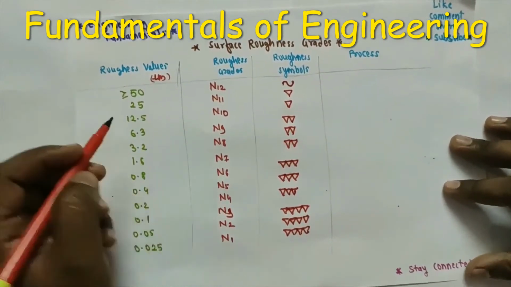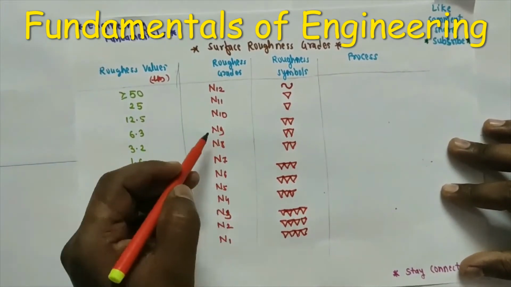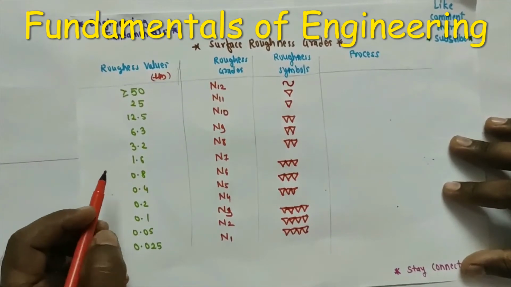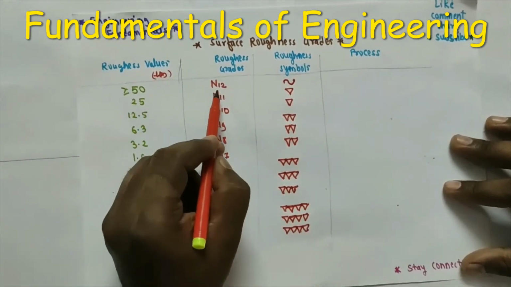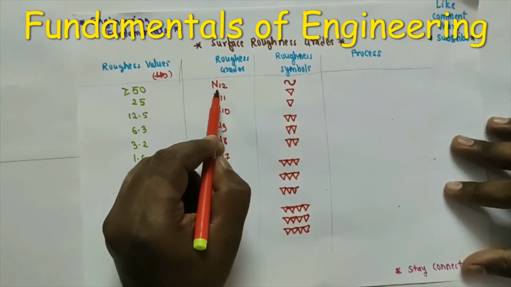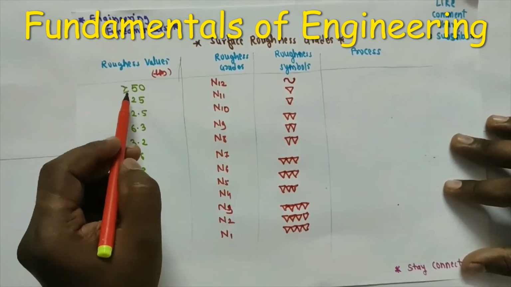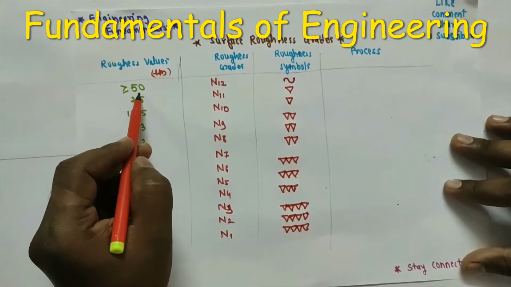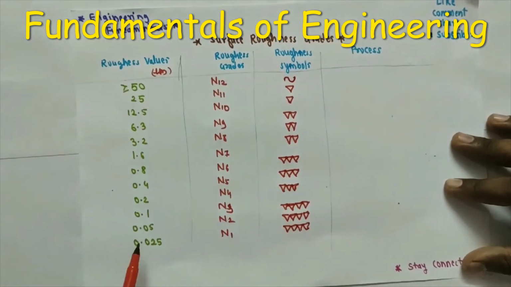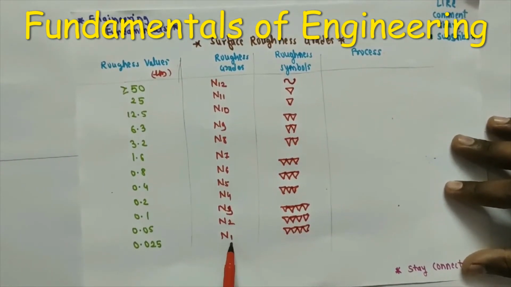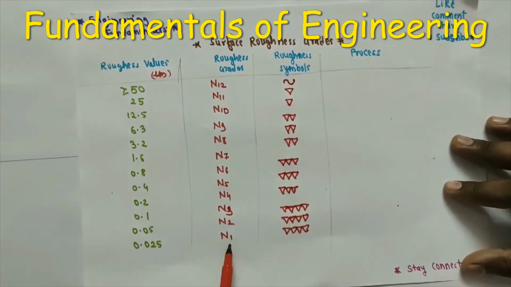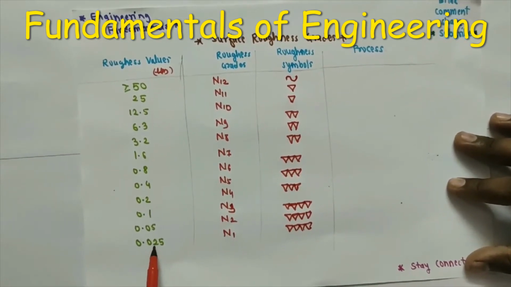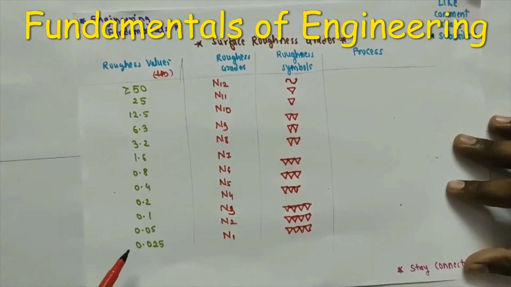Okay, so to remember the grades and roughness values, I will give you a trick. N12 is the highest roughness grade, which gives the highest roughness value, that is 50 micron. So we have to write here 50, and N1 gives the smallest roughness value, grade N1 and value 0.025. So how to remember?